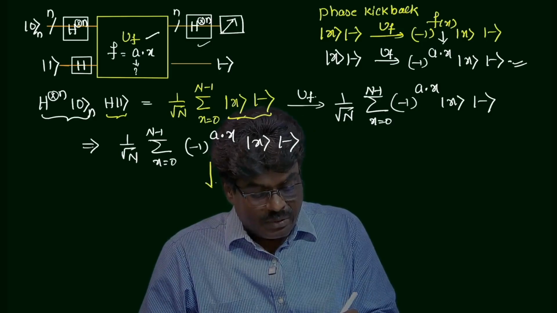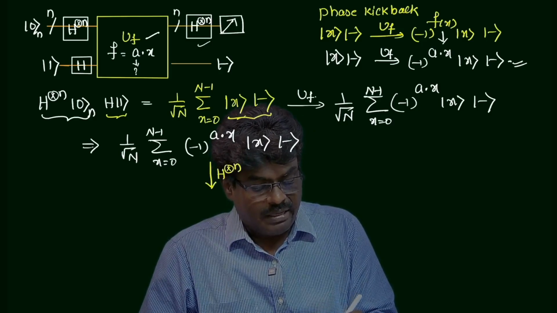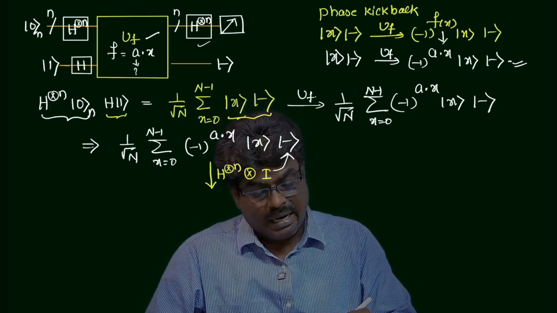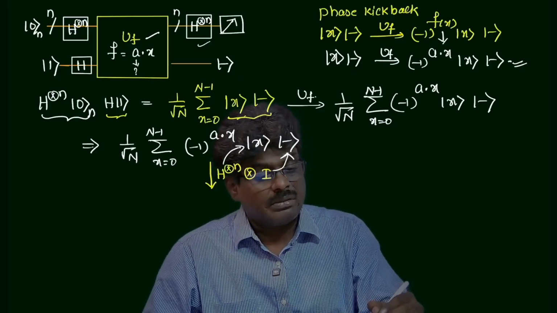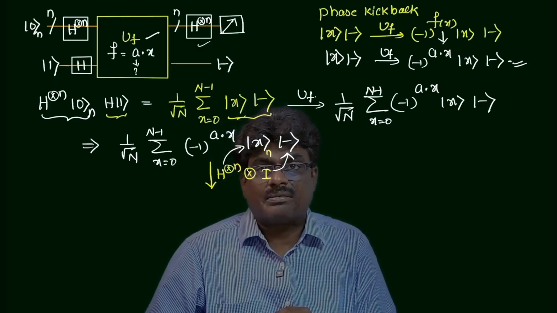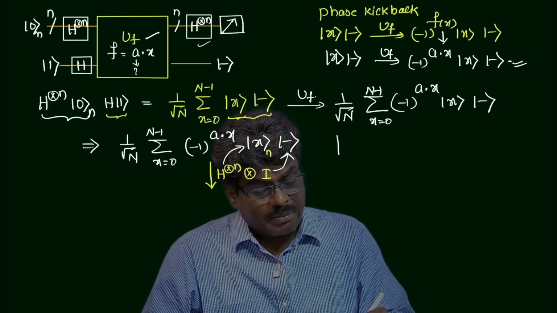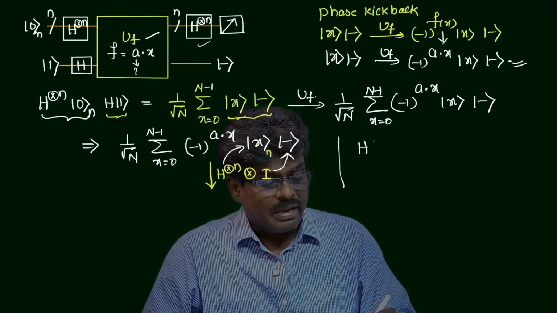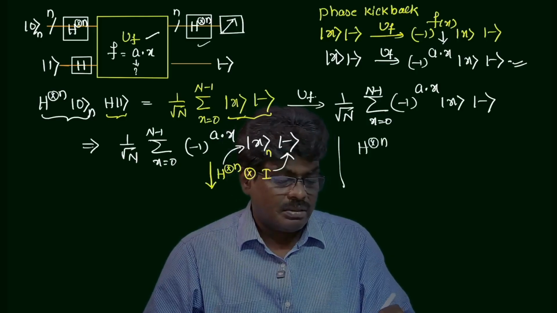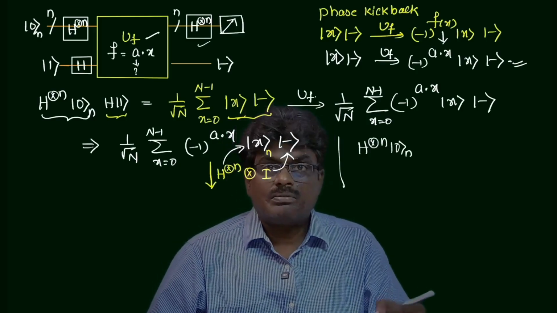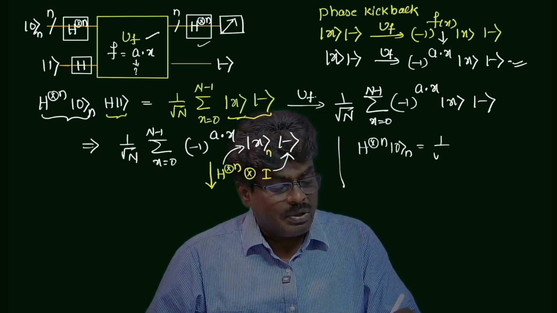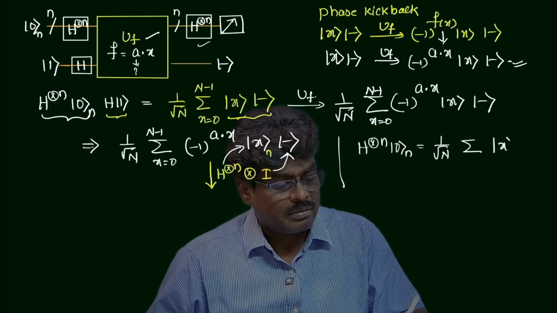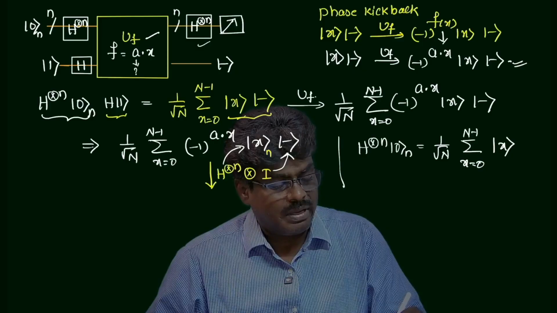Now on this we are going to operate this H tensor n tensor I. So the identity on this minus state, and H tensor n on this x. Don't forget this x is nothing but an n-qubit string. And earlier I have already explained in the quantum parallelism class. Whenever H tensor n operates on all zeros, n qubits, this is 1 over root N summation x equal to 0 to N minus 1.